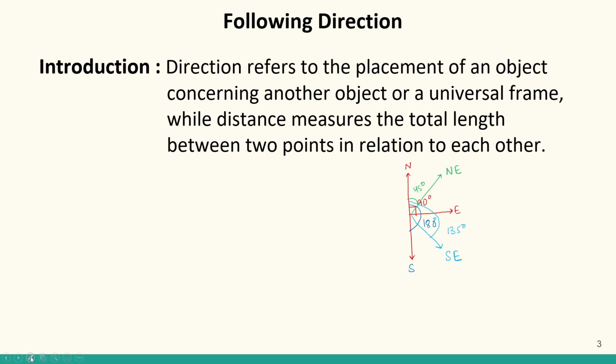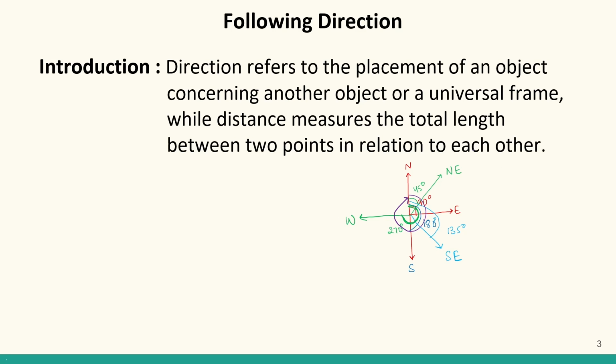Similarly, if I turn 270 degrees, so if I'm facing north, 90 plus 90 plus 90 degrees, all of this angle is a 270 degree angle and I will be facing west. Clear? And if I take a complete 360 degree turn, I'll come back to the same position, which is north.